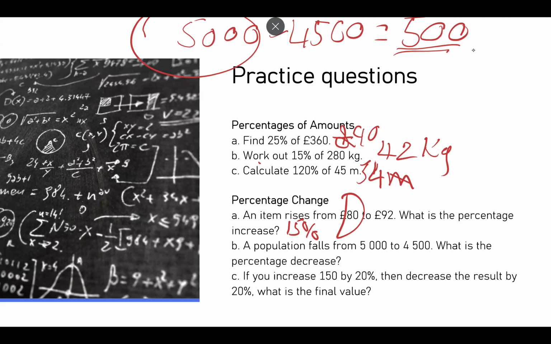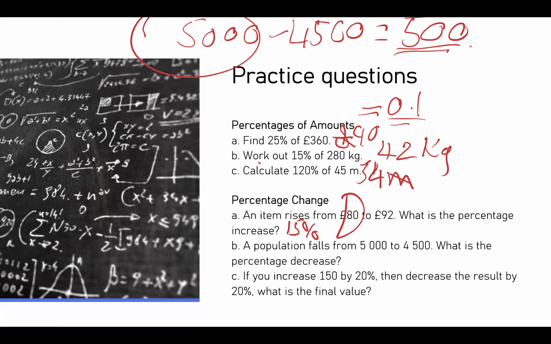So all we could do here is 500 divided by 5,000. So the answer for that is equal to 0.1 as a decimal.